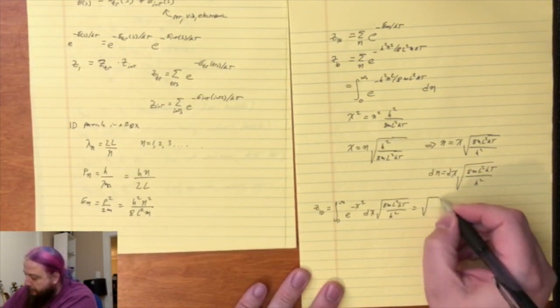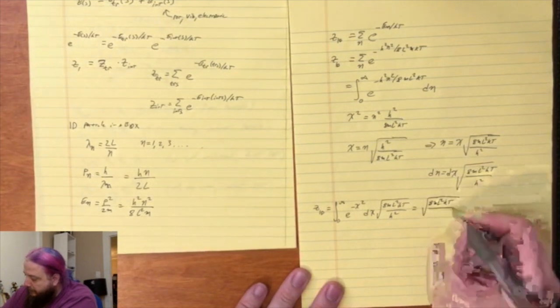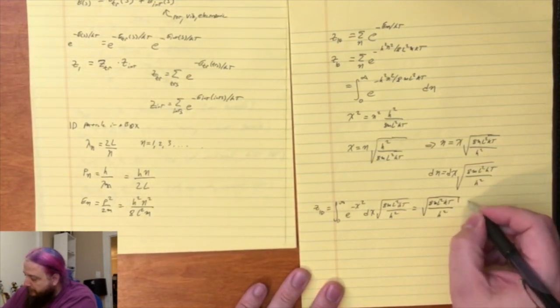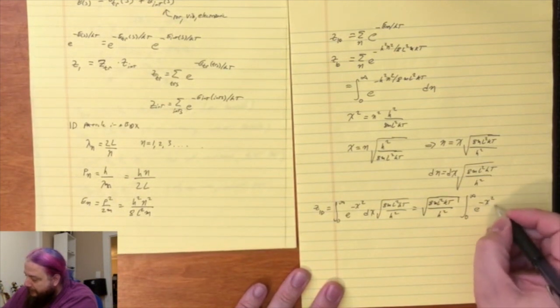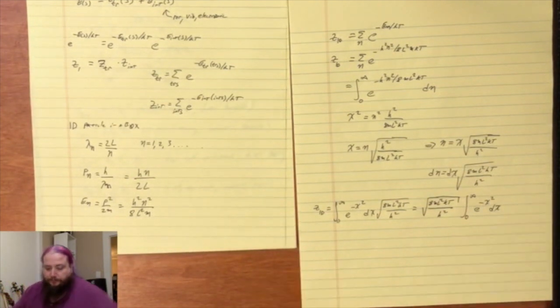So this is the square root of 8ml squared kT over h squared times the integral from 0 to infinity of e to the minus x squared dx.